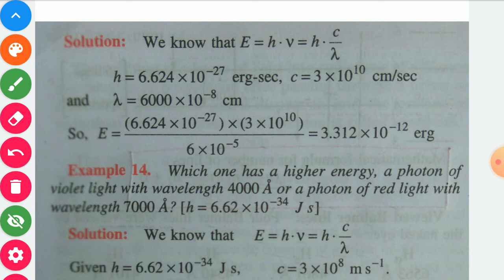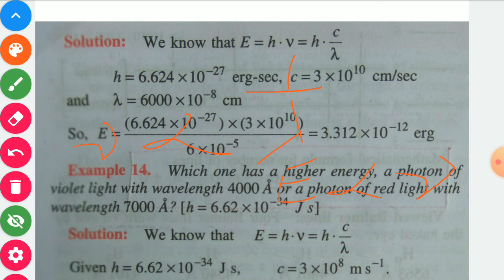So you can guess the answer from this question also, because you know that frequency nu is inversely proportional to lambda, and energy E is directly proportional to nu, that means frequency.